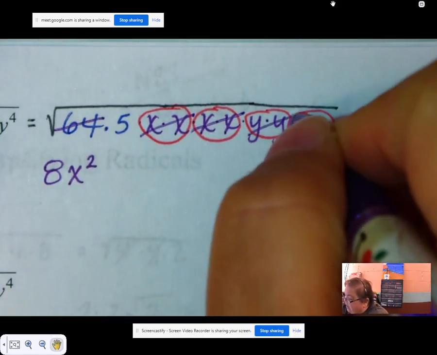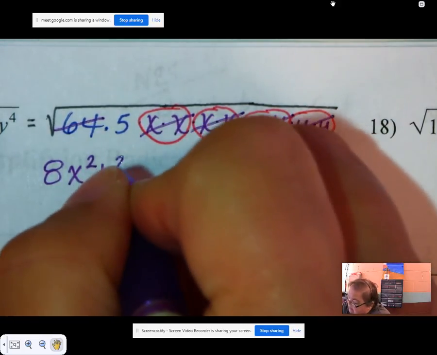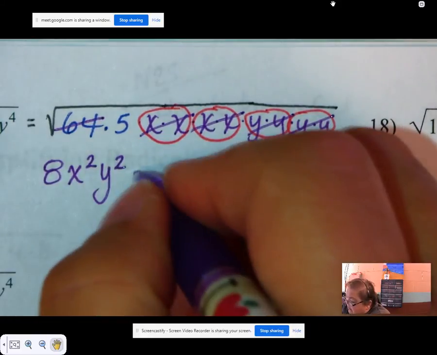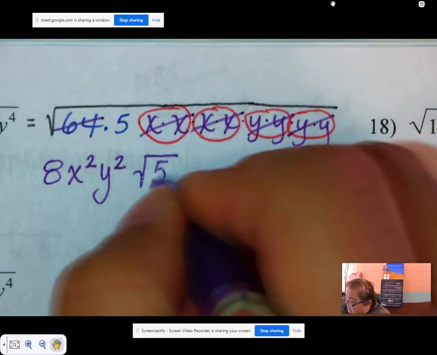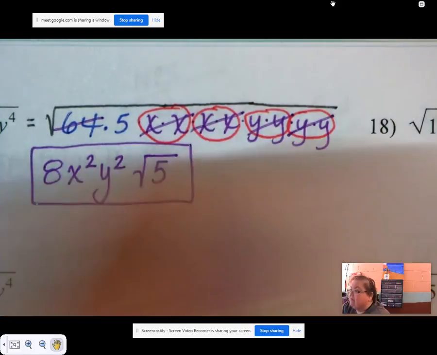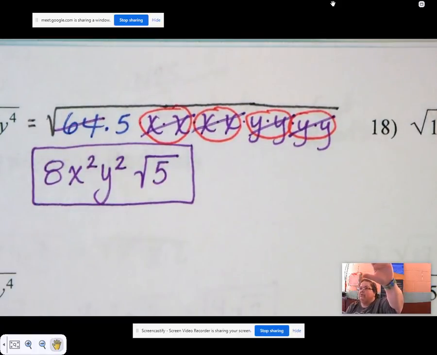This is 1 y, that's 2 y's. 2 y's are placed outside the radical. What stays inside? The 5. And that's how that is simplified. Take care of the number first, then deal with your variables.